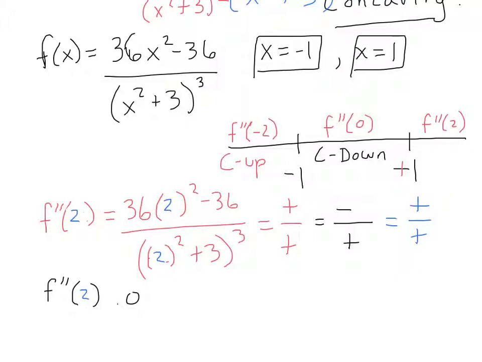And so since the outcome is greater than 0, we are concave up. Now, let's look at our intervals. What we're saying is from negative infinity all the way to negative 1, we're concave what? Up. From negative 1 to positive 1, we're concave what? Down. And then at 1, it changes, going back to concave up. And so negative 1 is a point of inflection and positive 1 is a point of inflection.